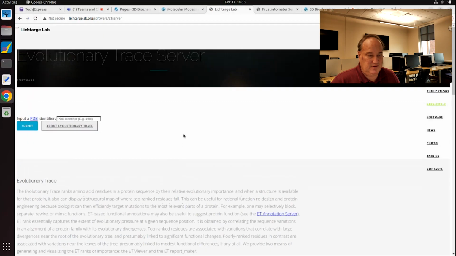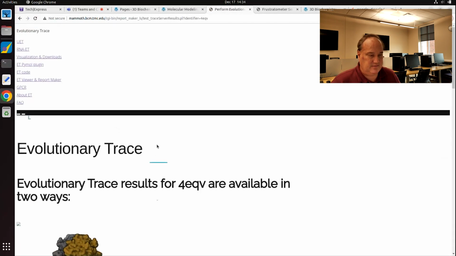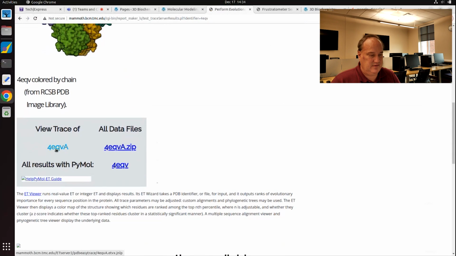Obviously, if things are important, something must be happening. So let's put our PDB identifier in here and hit submit.